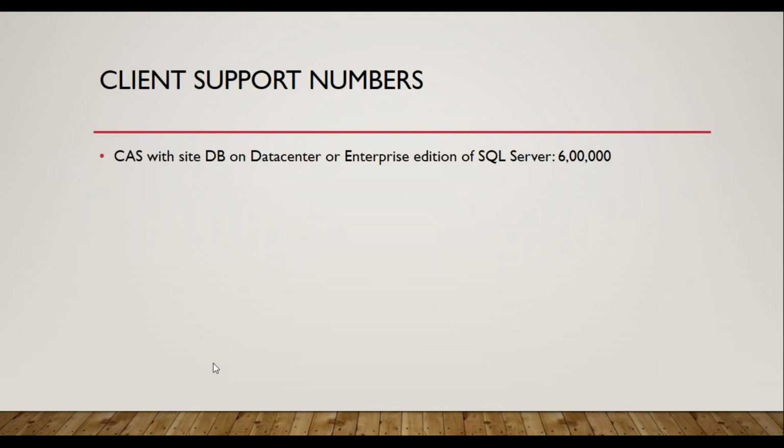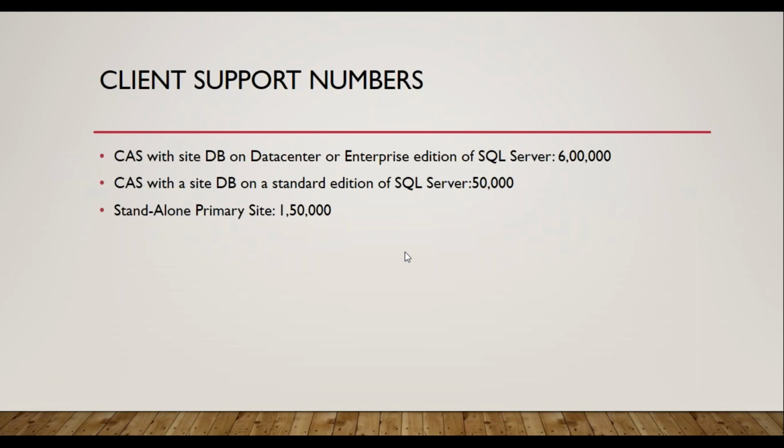If you have a CAS with a DB on standard edition, you can support up to 50,000. And if you are talking about a standalone primary site, the maximum you can support is up to 1,50,000 clients. This is related to the database as well as the primary site maximum number of clients it can handle.